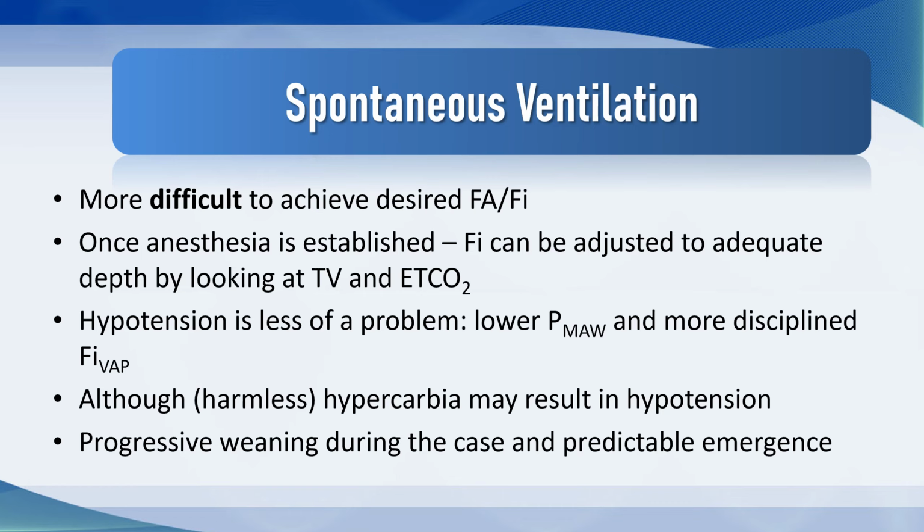Hypotension is less of a problem during spontaneous ventilation than positive pressure ventilation because of lower mean airway pressures and usually more disciplined targets with the inspired vapor concentration. Frequently, though, during spontaneous ventilation, hypercarbia results that can cause hypotension. It certainly causes a mild respiratory acidosis. It's likely completely harmless, but it is a factor to consider.